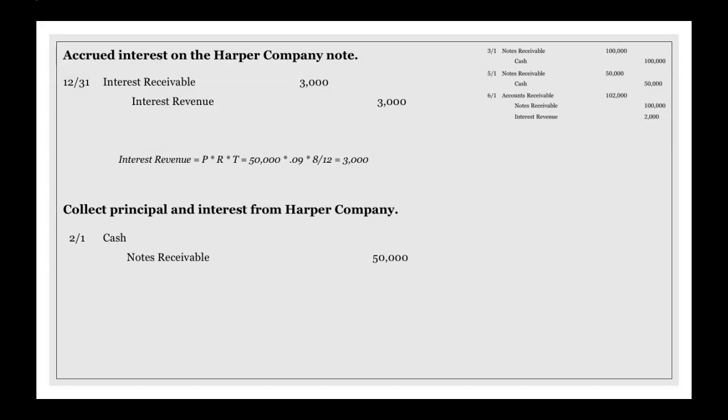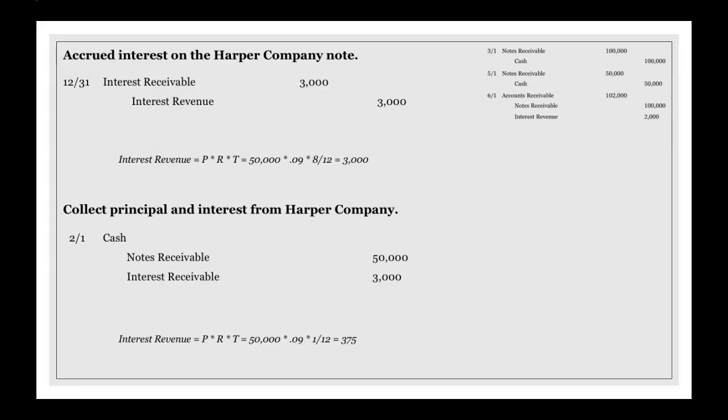And then interest. Interest is going to be broken up into 2 different accounts here in this entry. First, we had our interest receivable, we had that $3,000 of interest that we had already recorded back in December. And then we also have interest revenue.